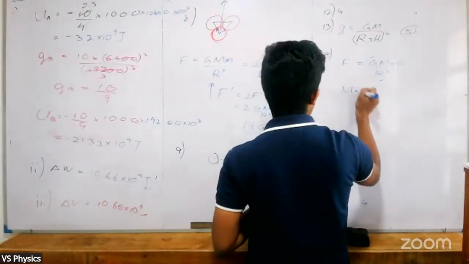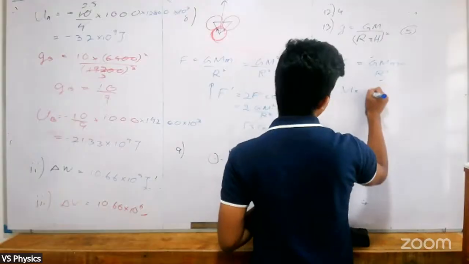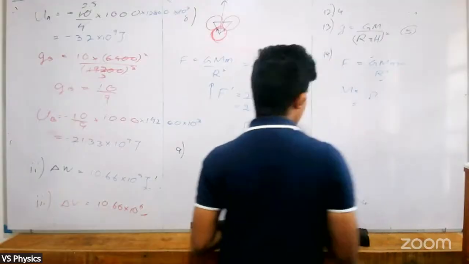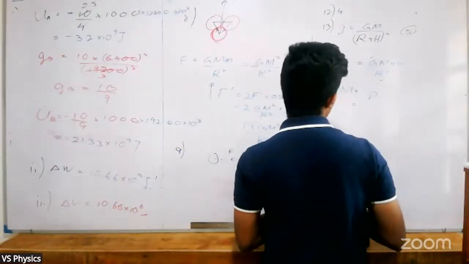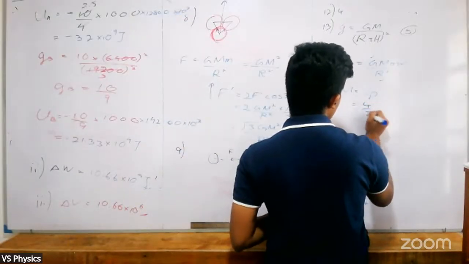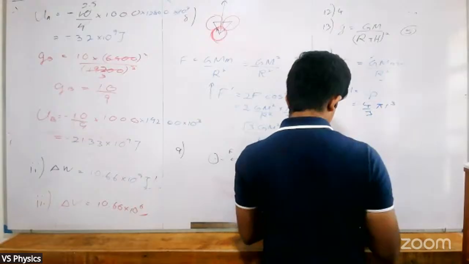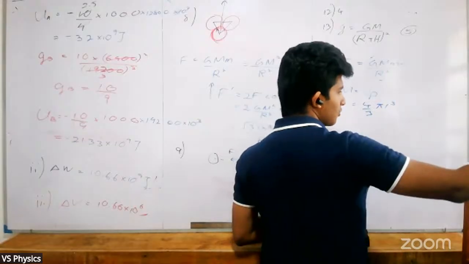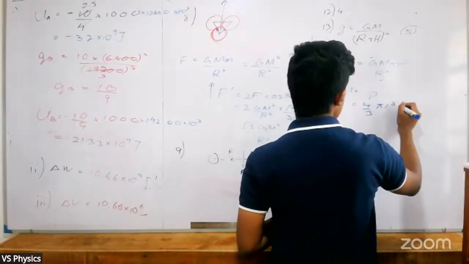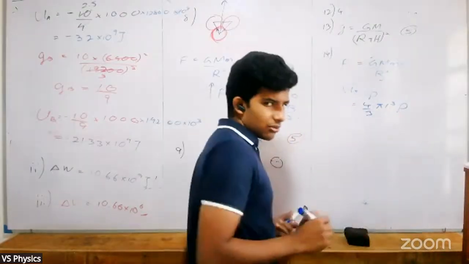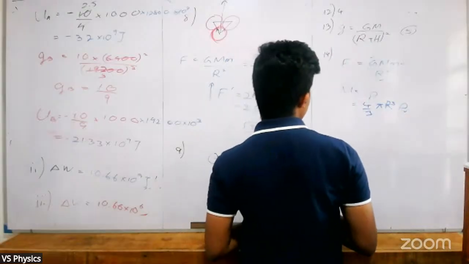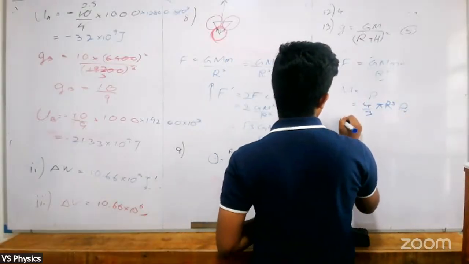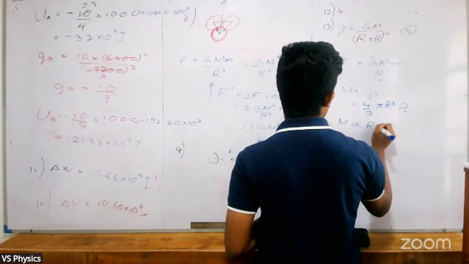What is our volume? 4 over 3 pi r cube. Density is rho, so mass equals volume times rho, actually r cube rho. Then we can say capital M is proportional to r cube rho.